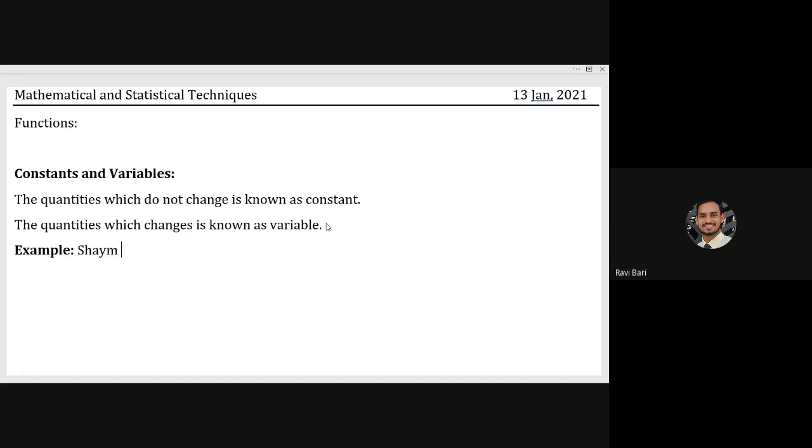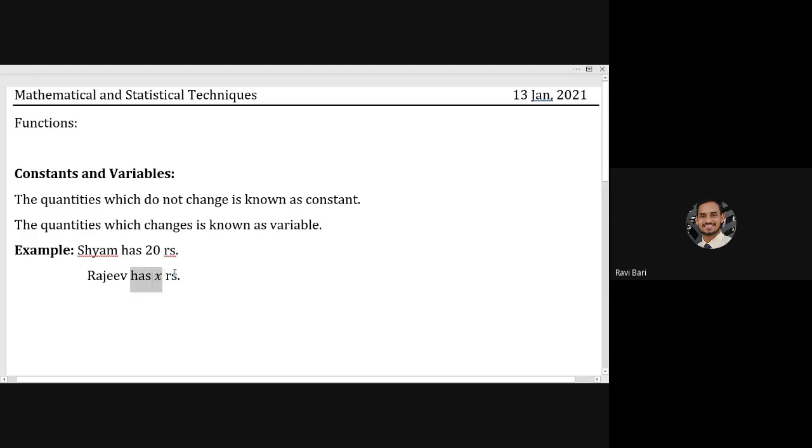So Sham has 20 rupees. How much money does Sham have? Here this money is constant because this value is not changing. This is a fixed value. But if I say Rajiv has X rupees, then here the value of X can be anything.